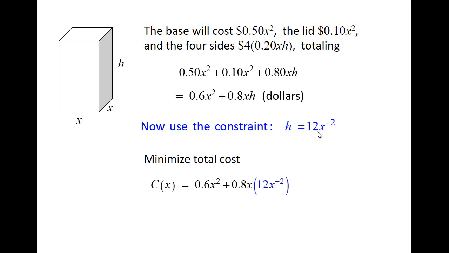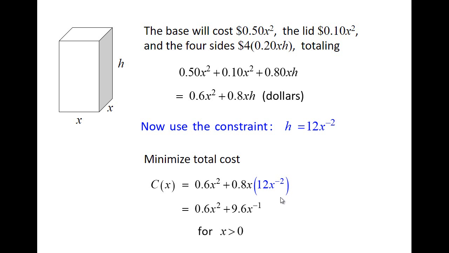So we need to minimize the total cost function c of x, which is 0.6x squared plus 0.8x times 12x to the negative 2. Simplify that down to 0.6x squared plus 9.6x to the negative 1.